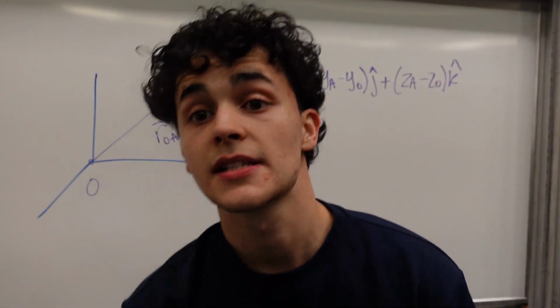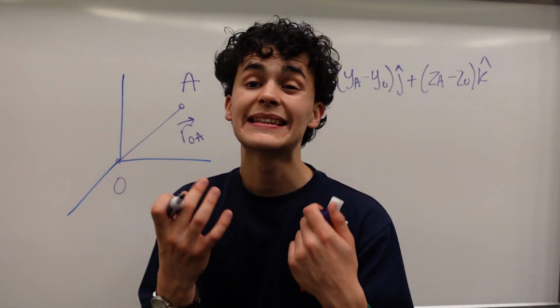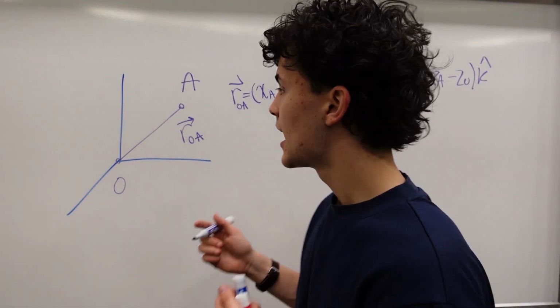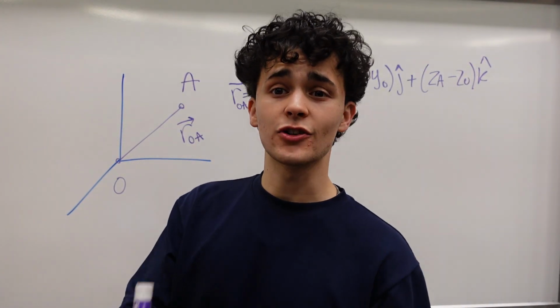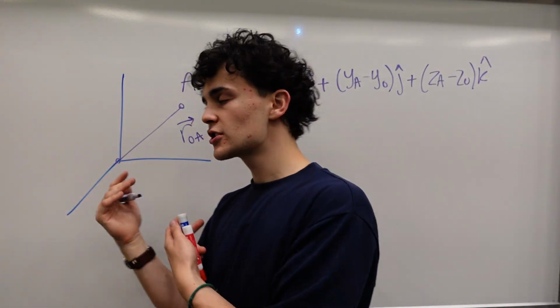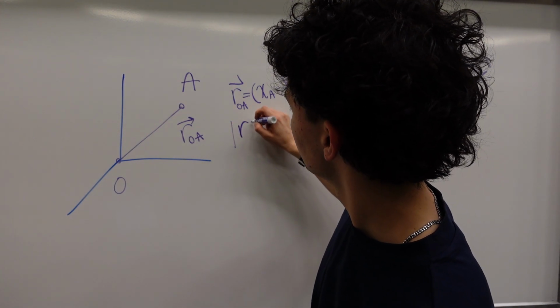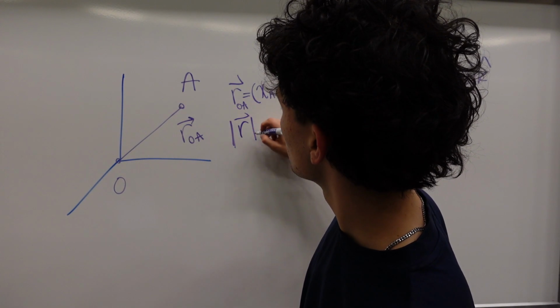The second thing that you're going to want to do is solve for what the distance of that actual value is. And that's pretty straightforward because now we have a position vector. The distance is just the magnitude of that position vector. So we can solve for that by taking the magnitude of that position vector.